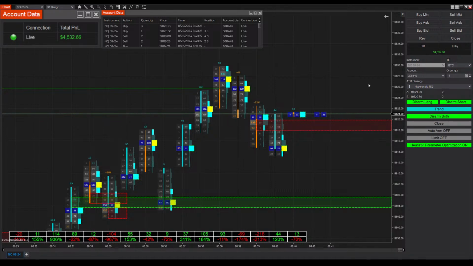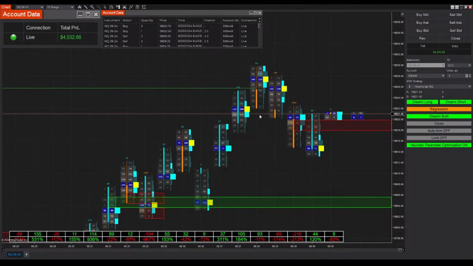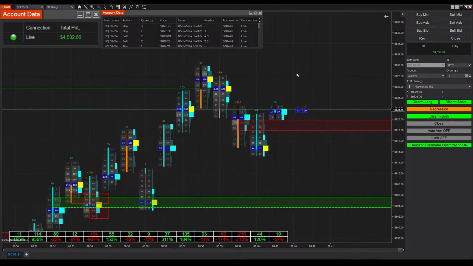Back down to 4,500. You can see we're really getting some trouble here with the last couple trades. But we're not losing money. We're sticking around the same number we were at when we started losing, 4,500.